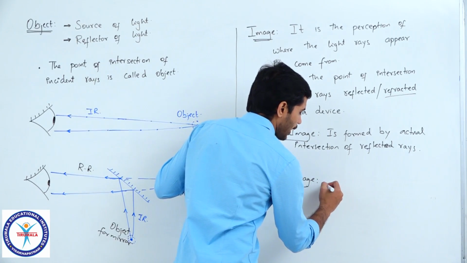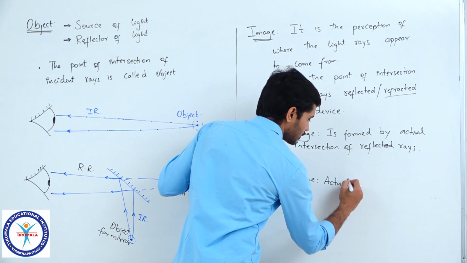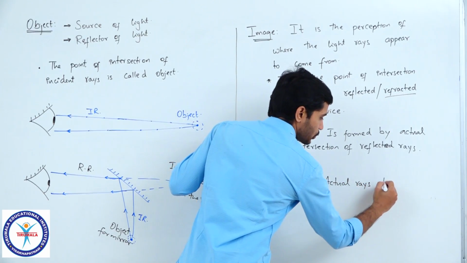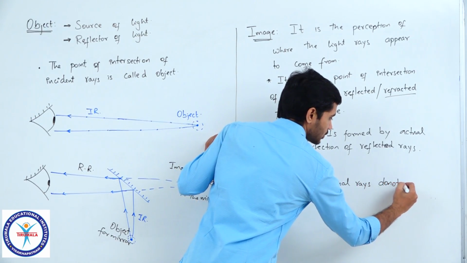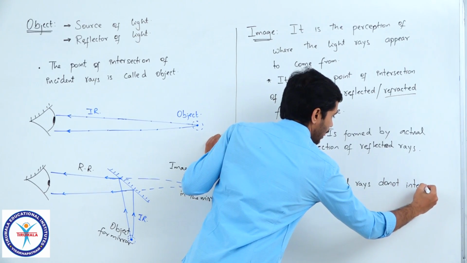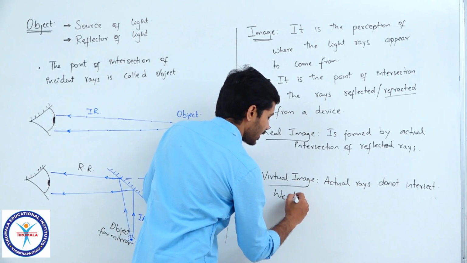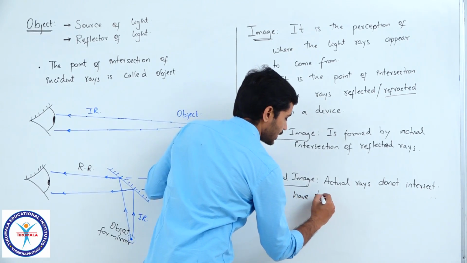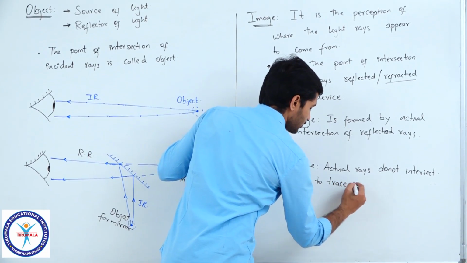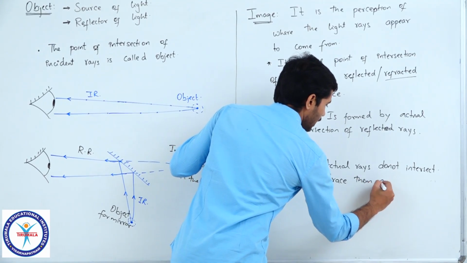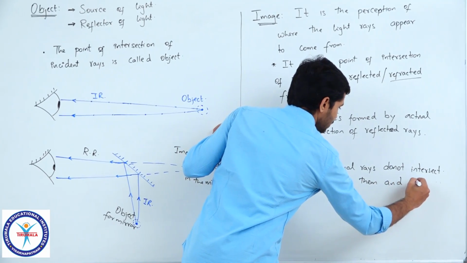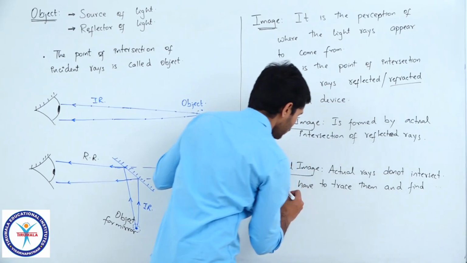The actual rays do not intersect, so we have to trace them backwards and find the point of intersection.